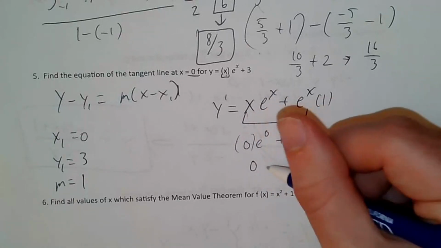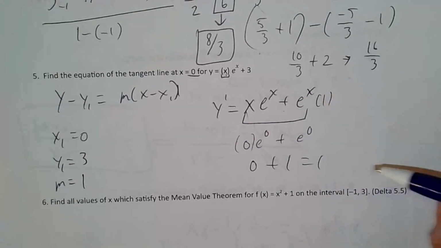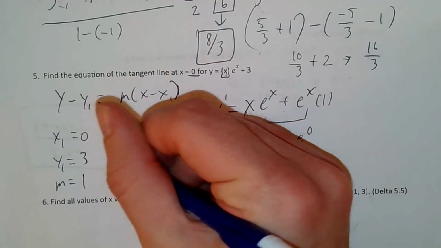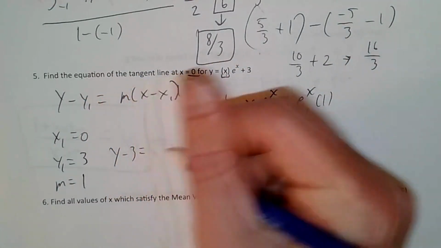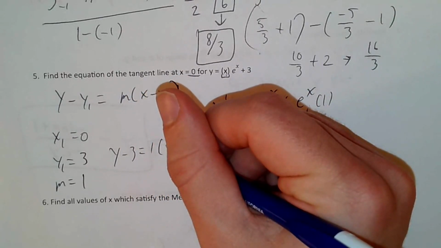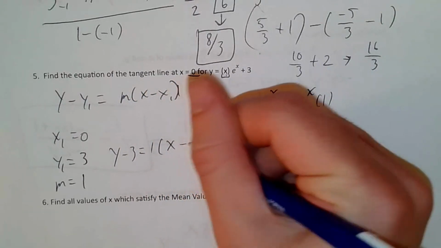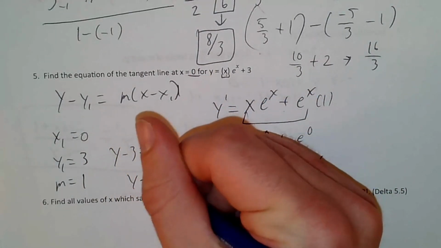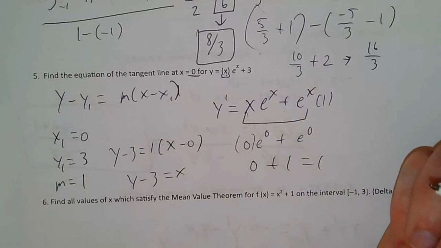This turns to 0, this turns to 1. Therefore, it's 1. Okay, so my final formula is y minus 3 equals 1 x minus 0. This just simplifies to y minus 3 equals x.